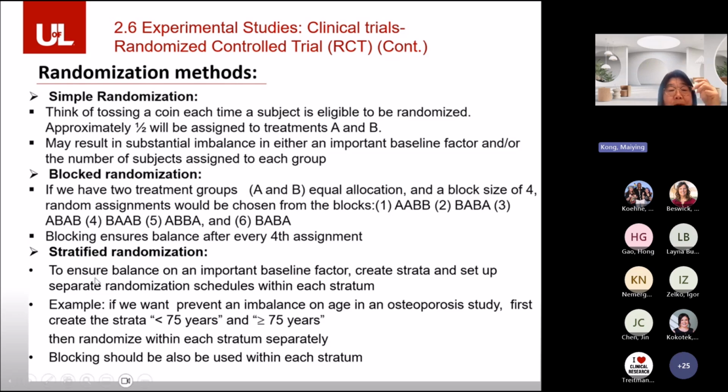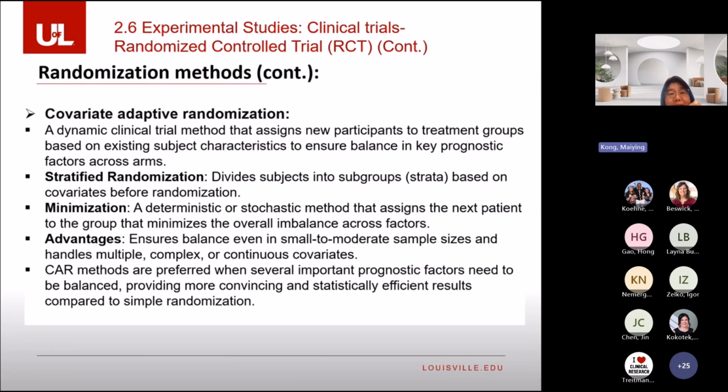Another commonly used method is stratified randomization to ensure balance on important baseline factors: create strata and set up a separate randomization schedule within each stratum. For example, if we want to prevent an imbalance on age in a study, first we can create the strata based on age, then randomize within each stratum separately. Blocking should also be used within each stratum.